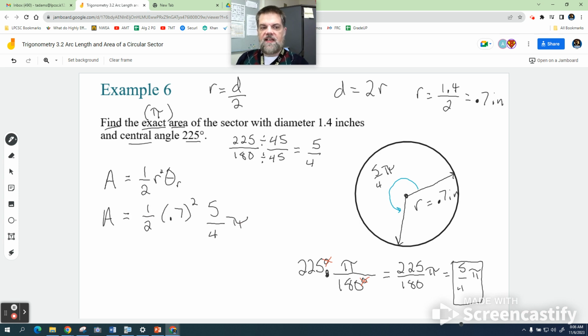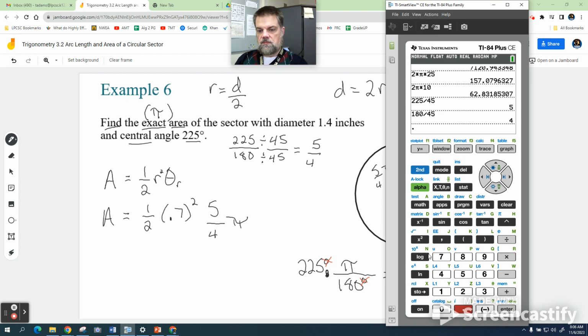Now we are going to get a decimal, but when it says exact area, we're just going to leave all that stuff in here. In other words, we're going to get a decimal because what's 0.7 squared? Isn't that 4.9? Oh, 0.49. Yeah, that would make sense. 0.49.